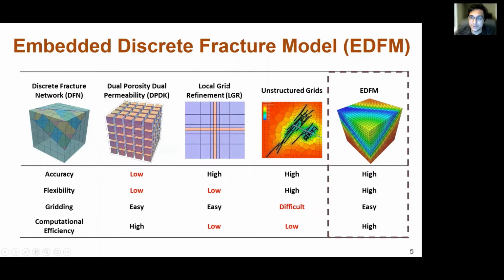We could also use LGRs, but this would maybe require very fine regions of the domain. And of course, we could also use dual porosity for this type of purpose. But as you see, it seems and has been proved through time that EDFM is a very powerful tool for working with fractures.